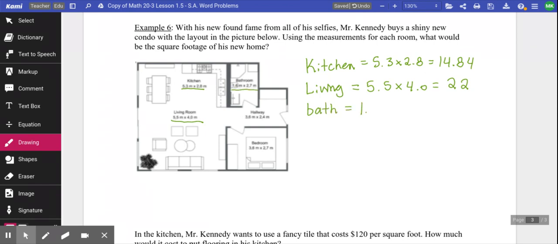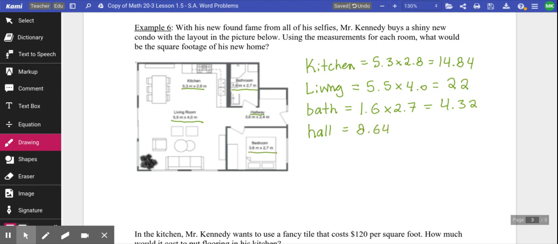Then let's do a bathroom. Is that a 1.6 by 2.7? 4.32. We got a hallway, 3.6 times 2.4. 8.64.